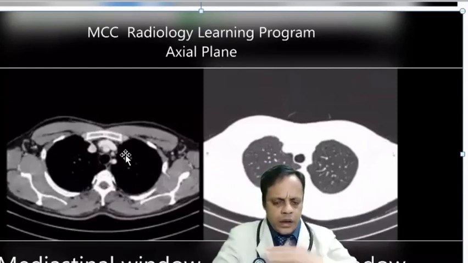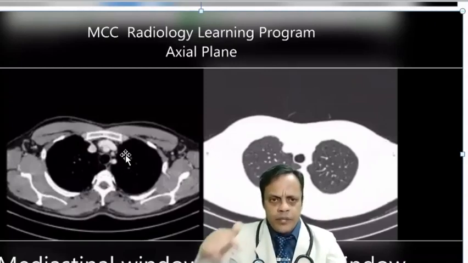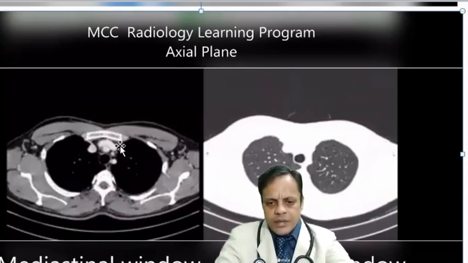That's why in cross-section anatomy it looks oval, and the right brachiocephalic vein is a little bit vertical, so it will appear a little bit rounded. The left brachiocephalic vein will merge with the right brachiocephalic vein to form the superior vena cava.